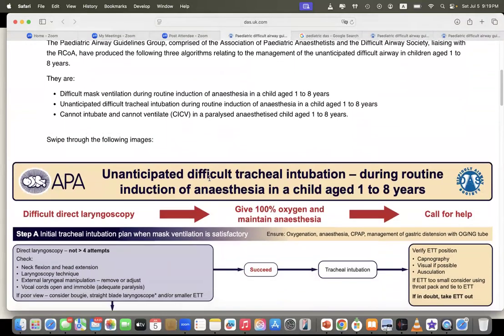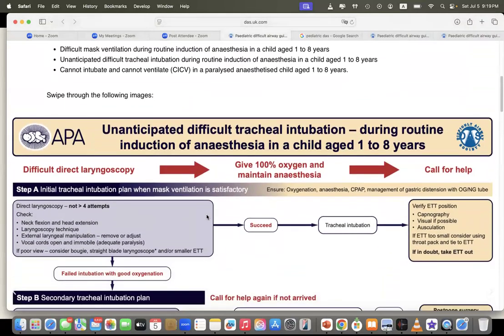So this is an anticipated difficult tracheal intubation during routine induction. During induction of anesthesia in a child, 1 to 8 years, always remember you need to give oxygen before calling for help.